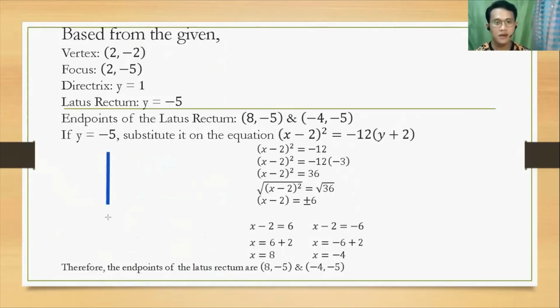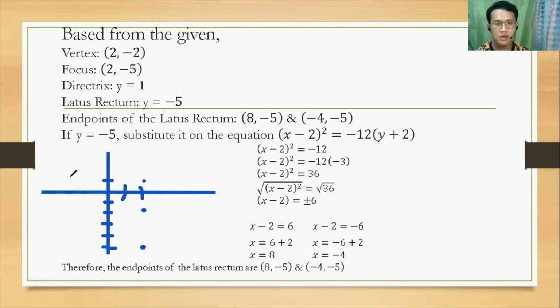And since our graph is opening downward, let me show it to you again. So we have 1, 2, and 1, 2, 3, 4, 5. So we have here our vertex, 3, 4, 5, our focus, and then 1.